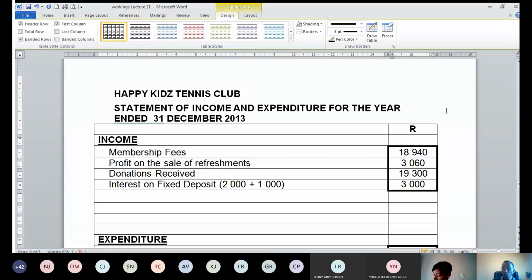You add up now, guys, all your income. Your income is now the 18,940 plus the 3,060 plus the 19,300 plus the 3,000. And I get income now of 44,300.